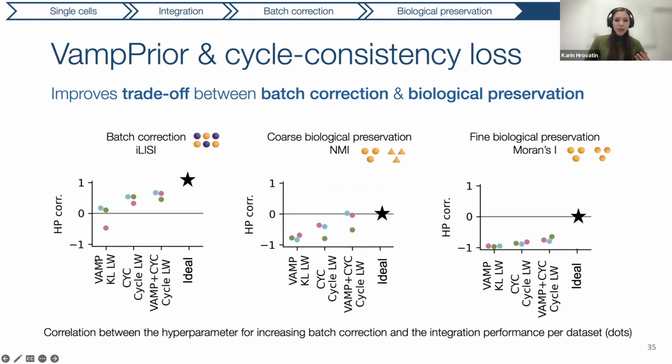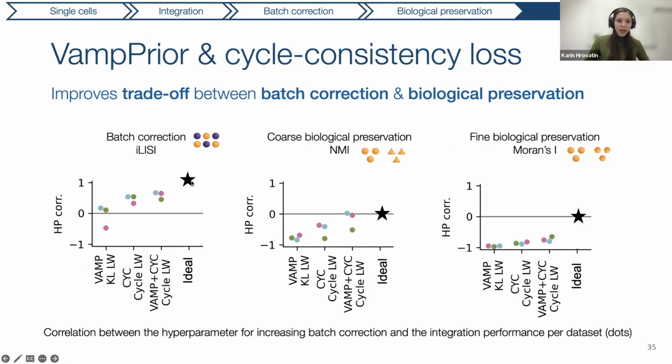So what we do is increase the batch correction strength by increasing the parameter that regulates this batch correction. That would be the regularization objective in the VampPrior and the cycle loss in the cycle model. And then we looked at the correlation between the batch correction hyperparameters and the individual batch correction and biological preservation metrics.